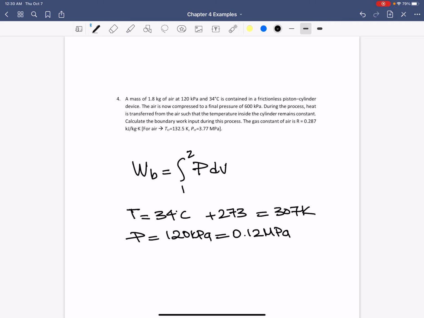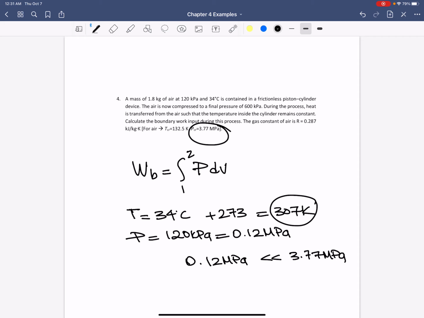The pressure of your system, 0.12 megapascal, is much lower than 3.77 megapascal, which is the critical pressure. At low pressures, remember, we can assume the gas to be an ideal gas. And besides that, the temperature we have is much higher than the critical temperature. Again, this also validates the approximation we are making in assuming air as an ideal gas.